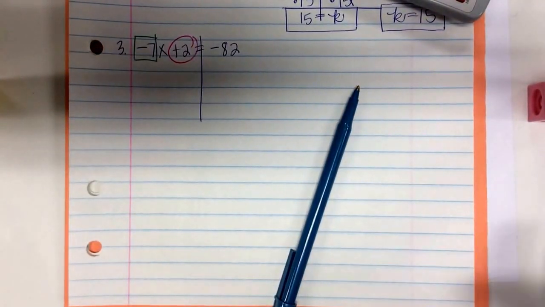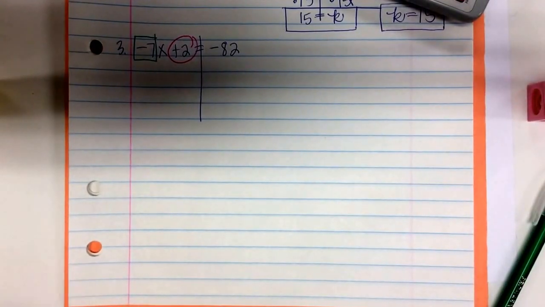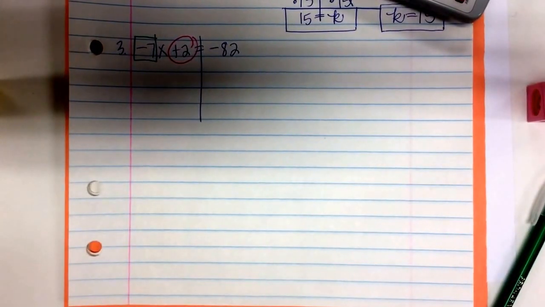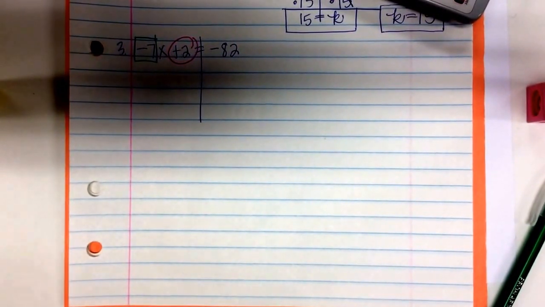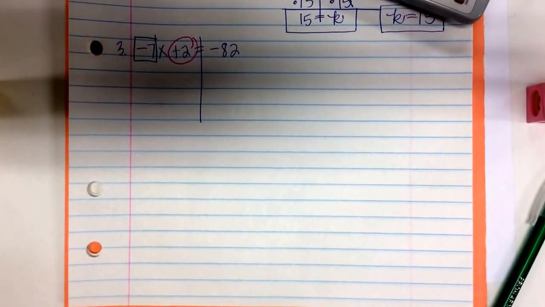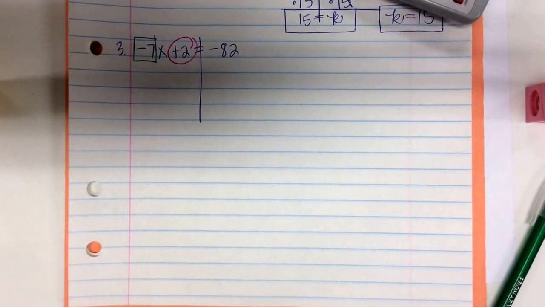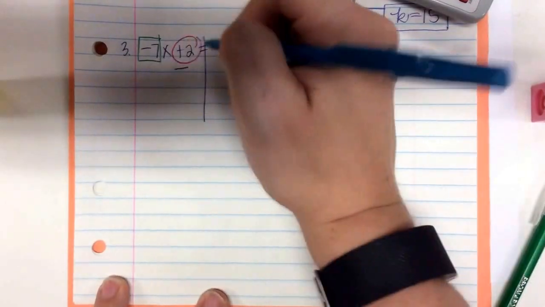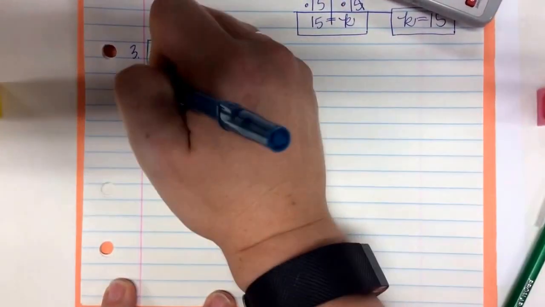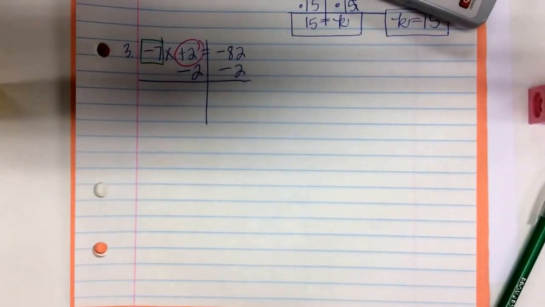Jesus, keep going. What do you do next? Okay. What do I move first? How do you move a positive 2? Which is? Good. I minus 2 from both sides, negative 2 from both sides.